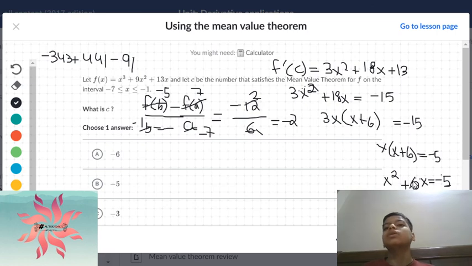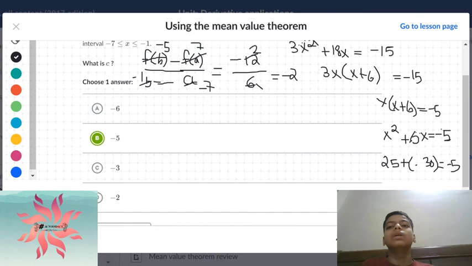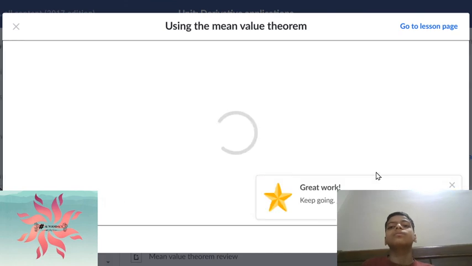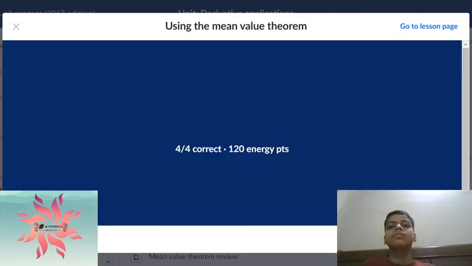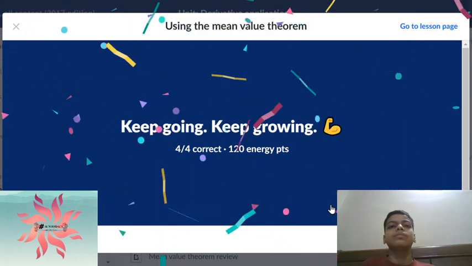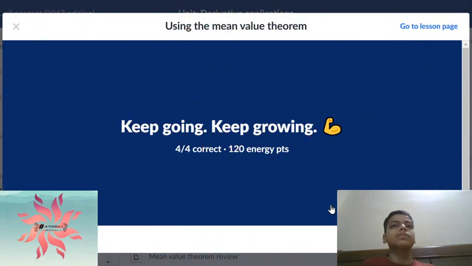Negative 5. Negative 5 squared is 25. 25 minus 30 is negative 5. It does work. Answer is negative 5. Let's check. Correct. Okay, bye everyone.